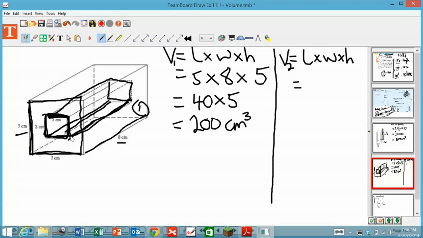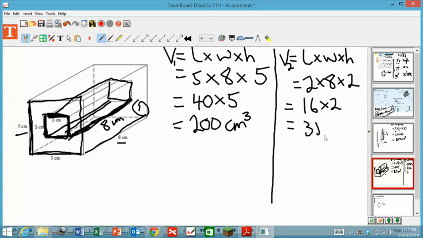Well, the width is the same as the entire original box that I just calculated. So that is 8, 8 centimeters along here. So my length is 2, my width is 8, and my height is also 2. We work that out. 2 times 8 is 16, multiplied by 2, which equals 32, and my units are centimetres cubed.